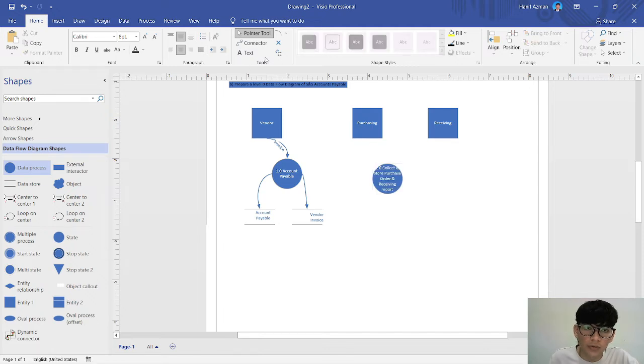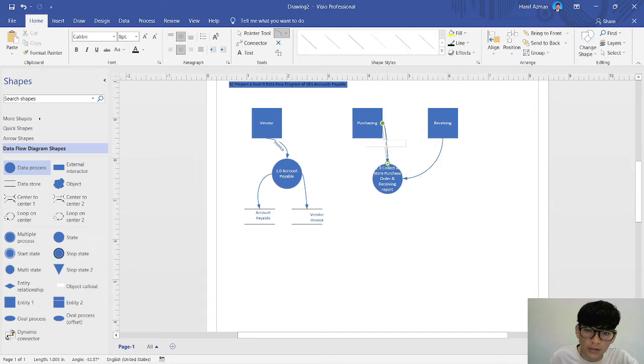And I want to draw the arrow, which is the data flow, to here, and also from receiving to here. Purchasing and receiving send to collect and store purchase order and receiving report.